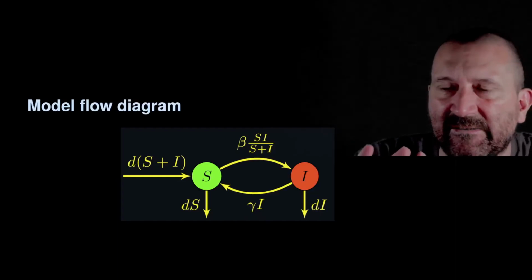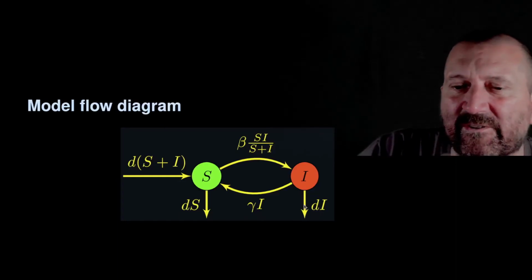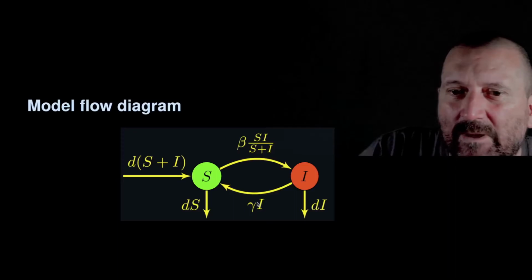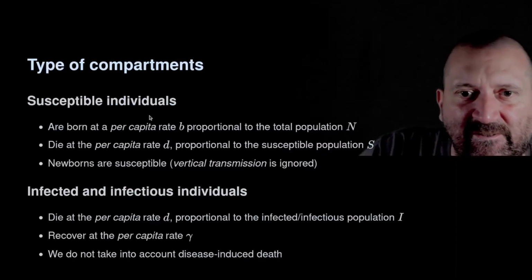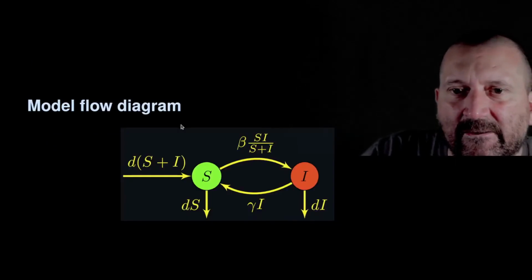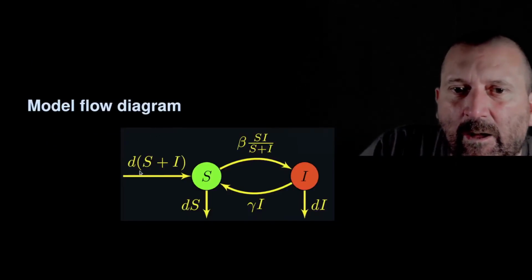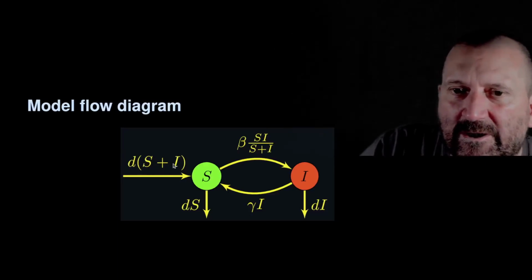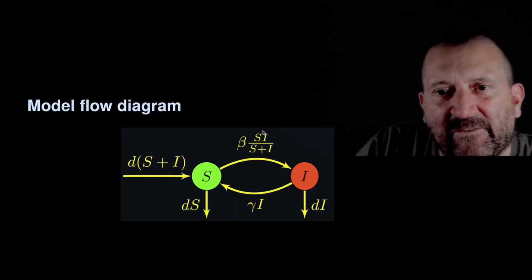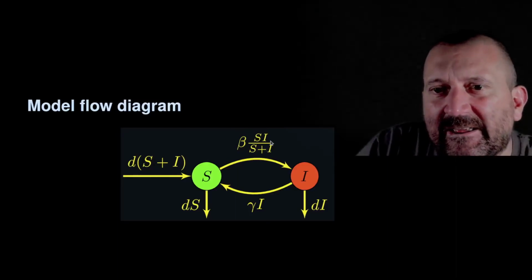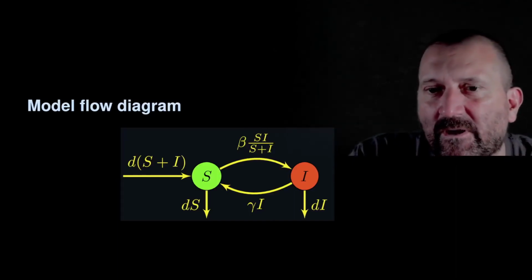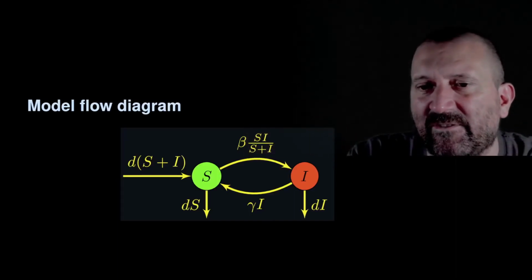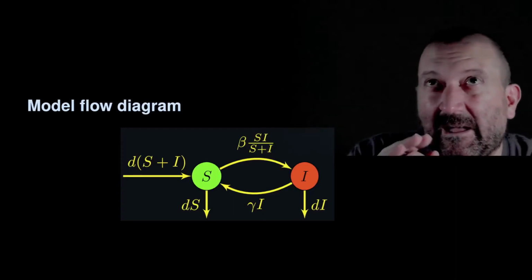So what we have is the following flow diagram. It's a little bit more complicated than the one we had before. Remember I said this is a typo I need to fix, this is a D here. So this is birth at that rate D proportional to the total population, S plus I. This is infection, and here, like the previous model, the Kermack and McKendrick model, assumes that infection happens at the rate beta SI.